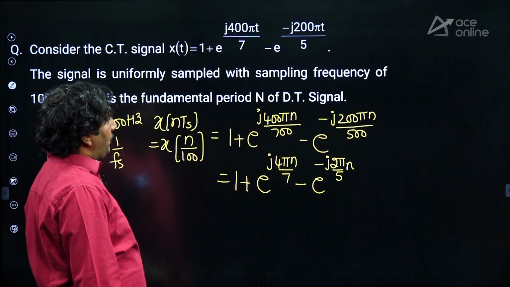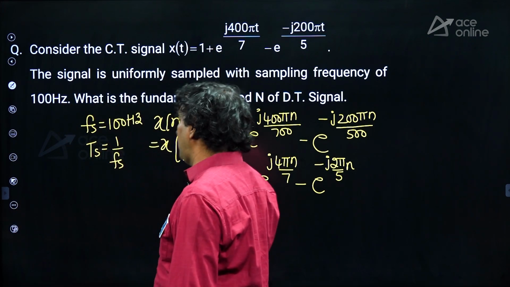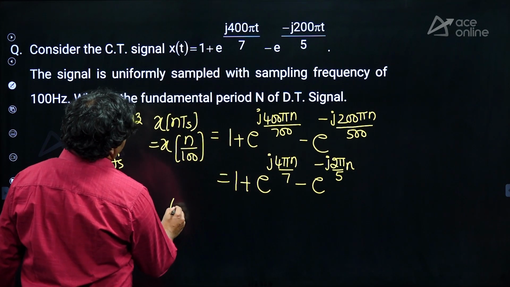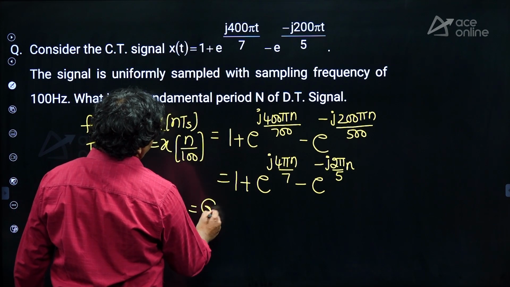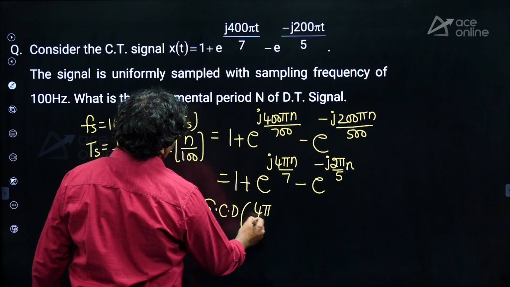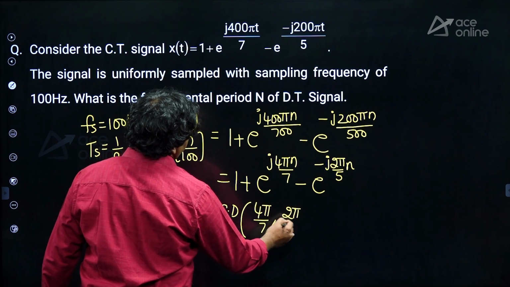Now we got the new frequencies like 4 pi by 7, 2 pi by 5. 4 pi by 7, 2 pi by 5. When we are adding multiple signals, even in discrete case, what is the direct logic? Simply select GCD.